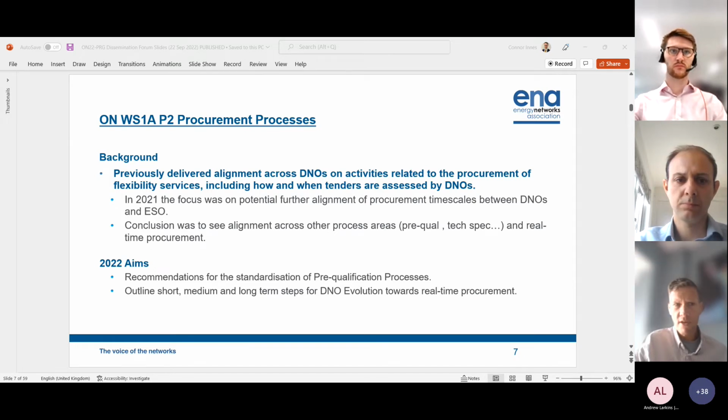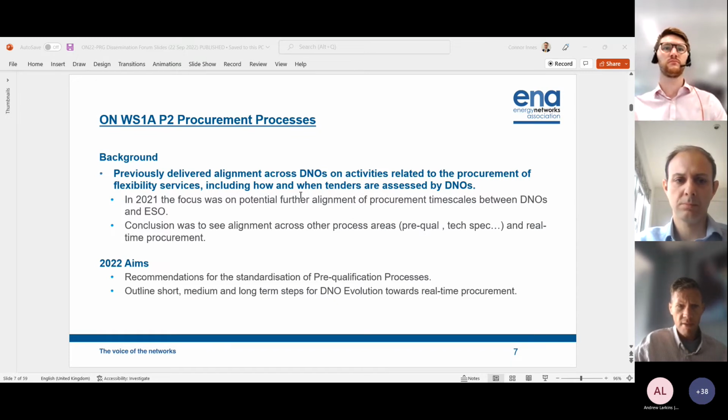In addition to that, there was a significant push to try and procure flexible services closer to real time, again a move that the ESO successfully implemented recently. What we did find useful in 2021 through that stakeholder engagement was an opportunity to update the information that's available on the ENA flexibility services web pages.